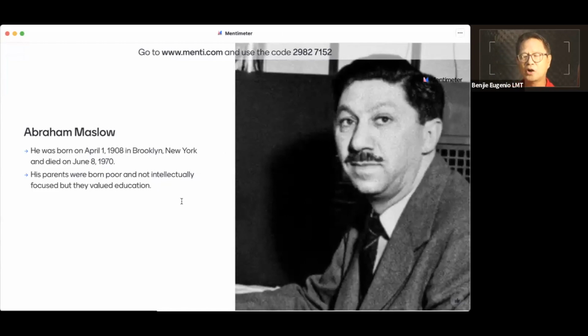However, there is one factor that probably influenced the life of Maslow, which is ang iyang ginikanan mismo, they valued education so much, no? So gitagaan gid nilang premium ang education. Nga whatever it takes, kinanglan Abraham mag-eskwela gid, kinanglan makatapos gid, no? Amo na ang perception sa iyang ginikanan.